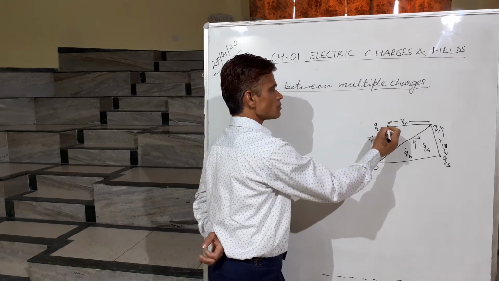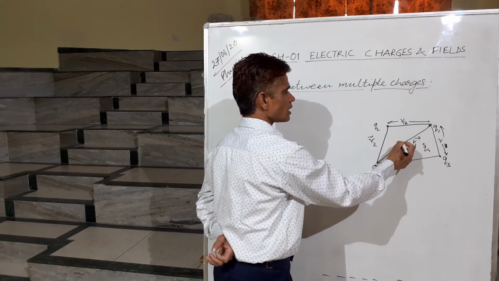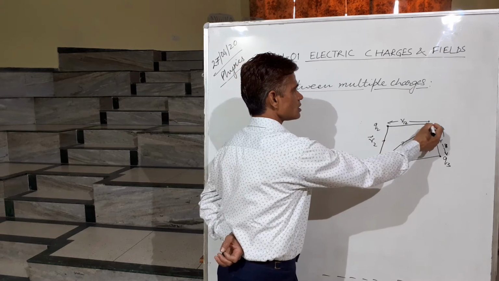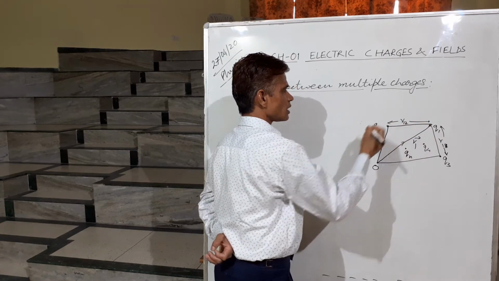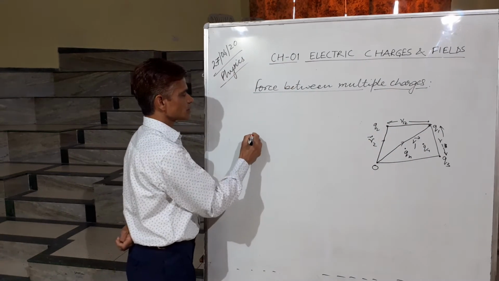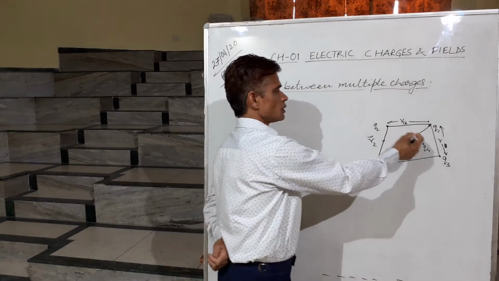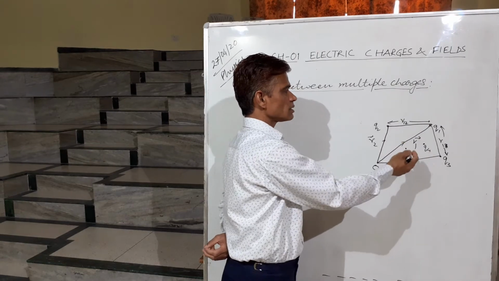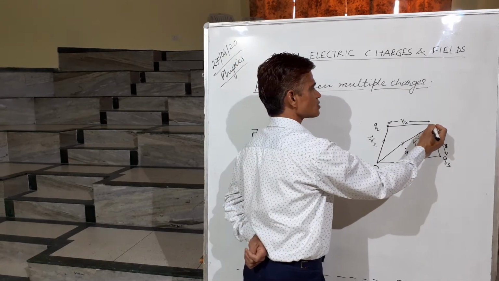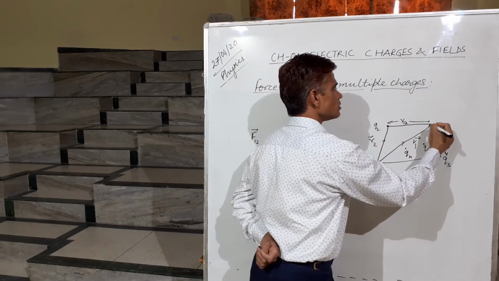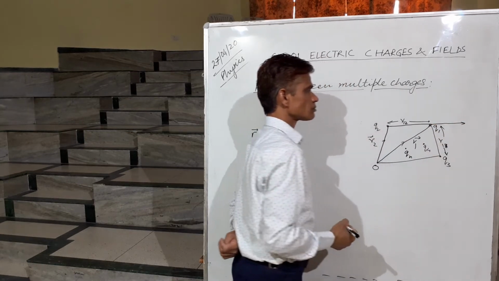Now according to Coulomb's law, first let us calculate the force on this charge q1 due to charge q2. So what is the force vector F12? Considering initially that all the charges are positive, the force on this charge q1 due to this charge q2 will be in this direction.